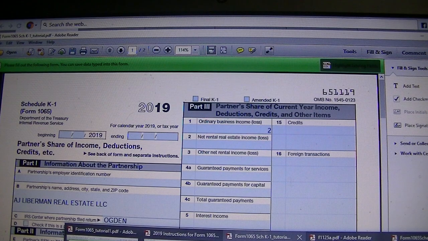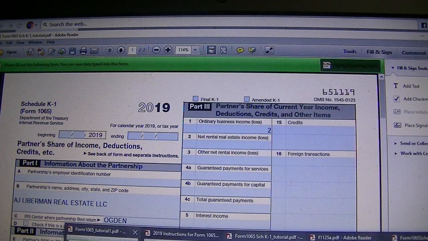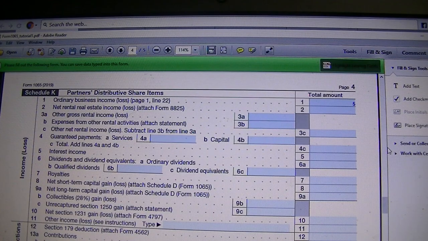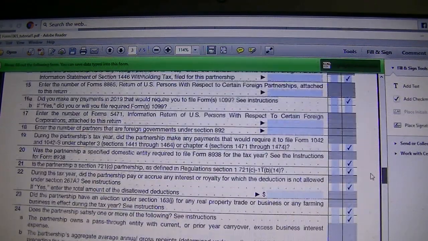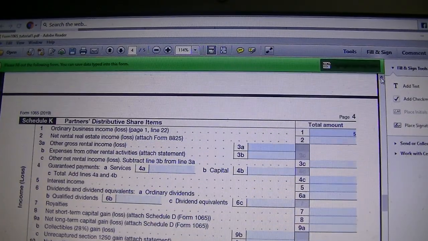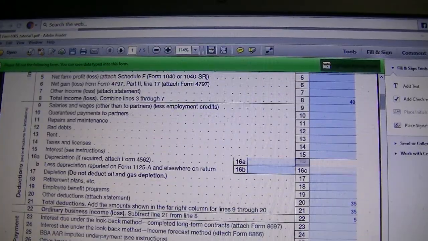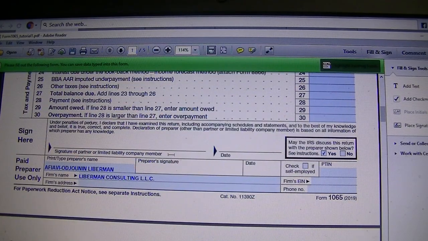And you'll have to organize it in a certain way. This is 5 pages, 1065 is 5 pages. Let me open it here. Talking about 1065 is 5 pages, and you'll print it out. Make sure you sign the return. You'll sign the return at the bottom and date it, and select no. You can take this one out of here and select no, and you won't have anything here because you are doing your own taxes.